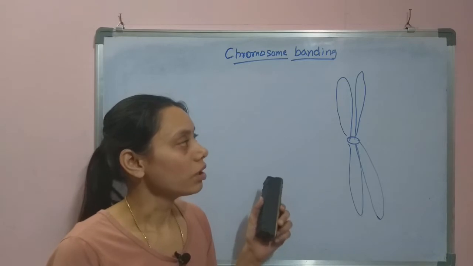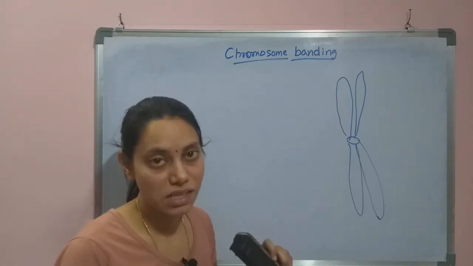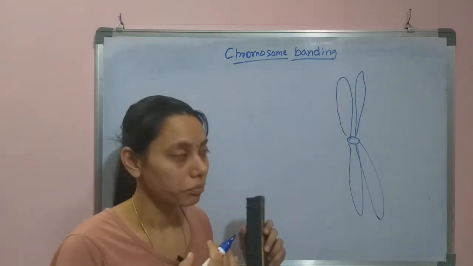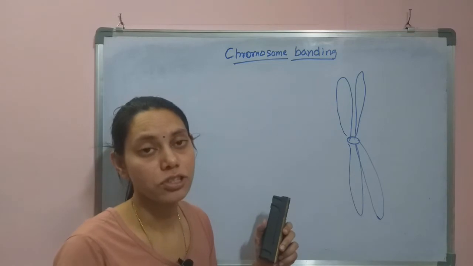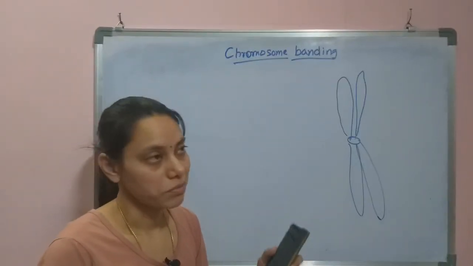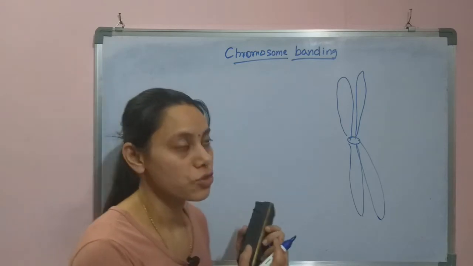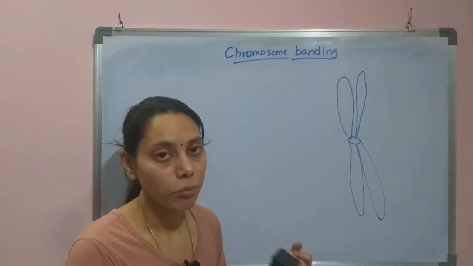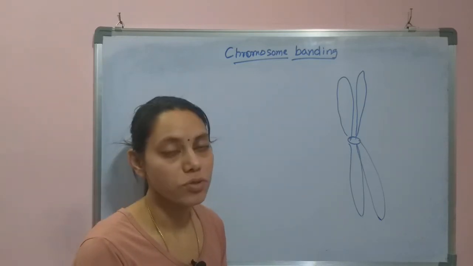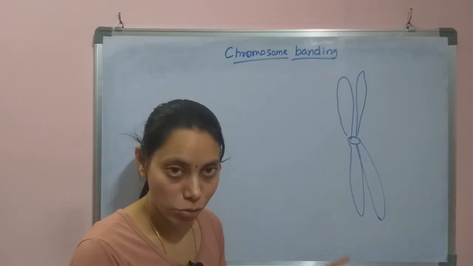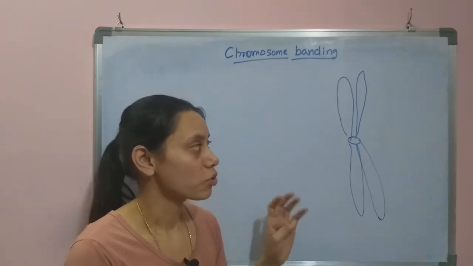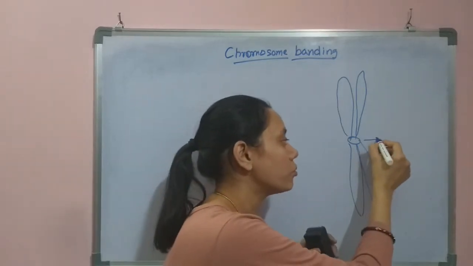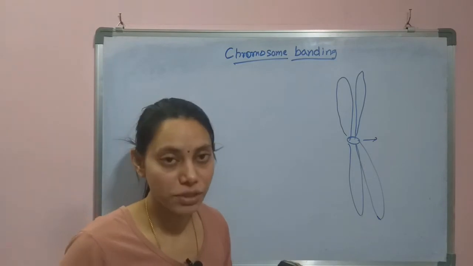So the chromosome banding patterns are techniques employed to make longitudinal differentiation on the chromosome. In order to understand the structural and functional aspects of the chromosomes, we employ either karyotyping or chromosome banding. In karyotyping, based on the lengths of the chromosomes and the relative positions of the centromeres, we classify the chromosomes.